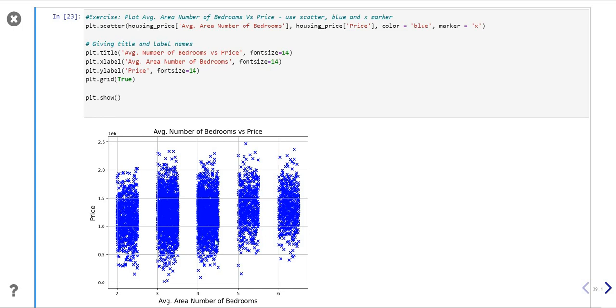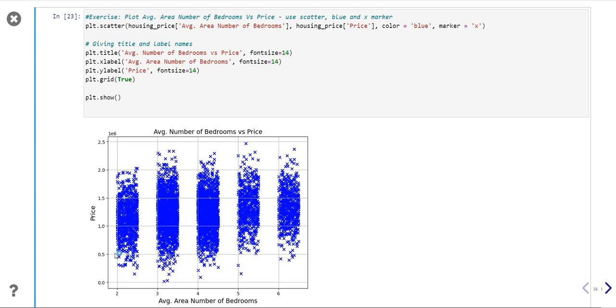What is the story you can tell? So why you can see this distinct kind of pattern is, there are certain area number of rooms.